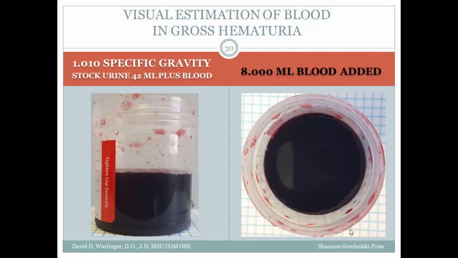Specific gravity 1.010 with 8.000 milliliters blood added. Both views of the specimen are black in color. Obvious bloody froth sticks to the wall of specimen cup. Patients describe this specimen as, quote, pure blood, unquote.